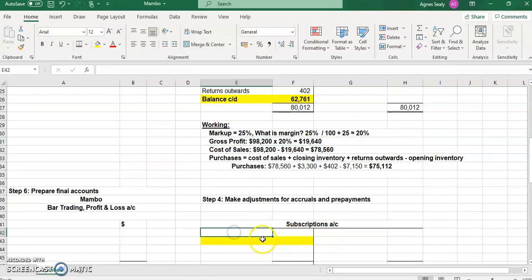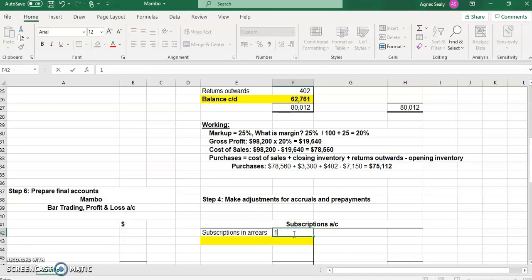So let's look at the subscription account. We are going to start with our subscriptions in arrears. That is going to be on the debit side because this is a revenue account. So subscriptions in arrears at the beginning was $1,120. Subscriptions in advance or prepaid at the beginning were $915.